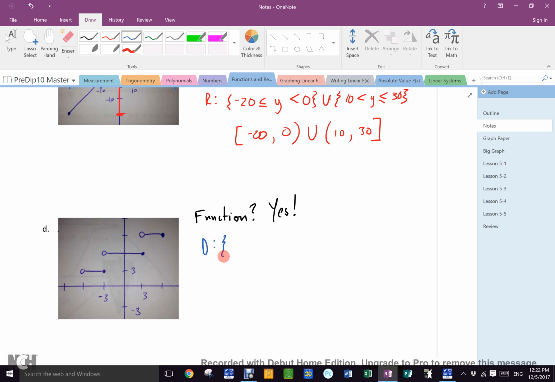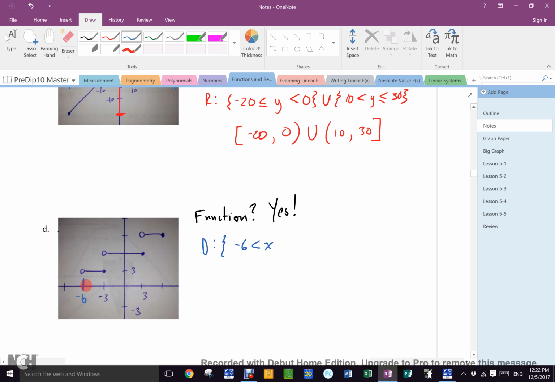Negative 9. Because it goes by 3, doesn't it? So negative 3, negative 6. Negative 6, because of the point it's on. Is it included? Less than or equal to. Excellent.